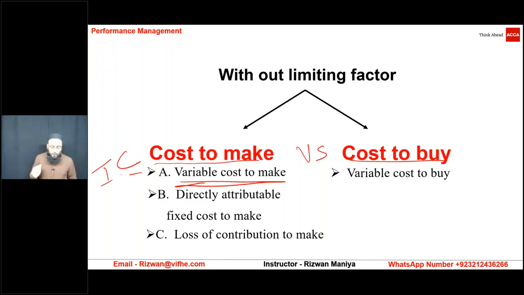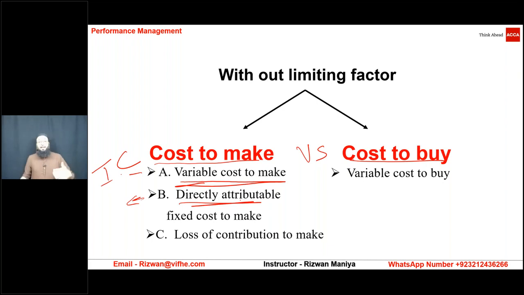Now I quickly want your input here just to ensure that you people are getting clarity of that as well. Okay, so variable cost to make is what, my friends? It's an incremental cost. Exactly. Come on, tell me. Directly attributable fixed cost to make. Now, the word is directly attributable. So it's not the existing fixed cost, okay? I'm not getting the replies from you people. It's not the existing fixed cost.